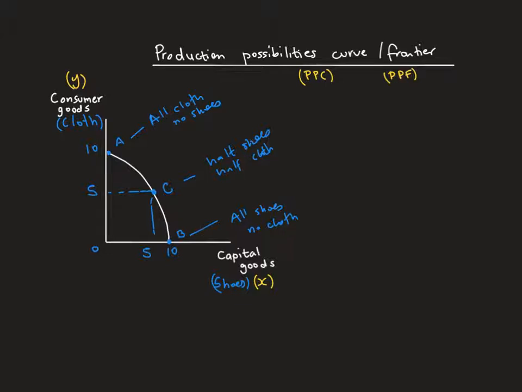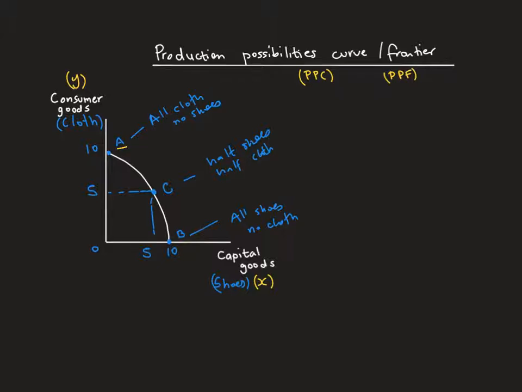So let's assume we're only producing cloth. We would therefore be on point A. Now, if we want to produce more shoes, we have to give up some production of cloth. And this is what the PPC curve stands for. It basically means that you can only produce more of one product by giving up the production of another product.